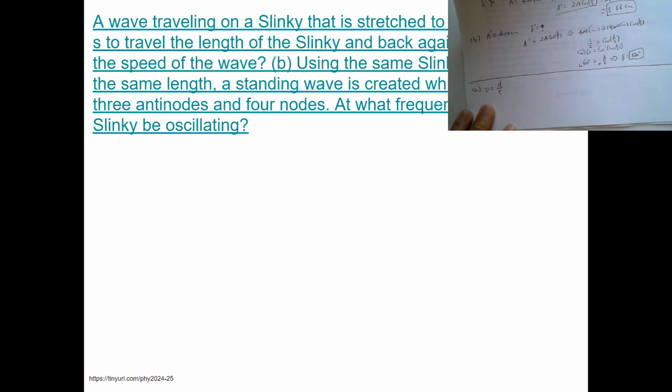The wave travels linearly back and forth in 2.4 seconds. Keep in mind the slinky has a length of 4 meters, but it travels back and forth, so twice that, divided by the time of 2.4 seconds. That gives us 3.33 meters per second as the speed of the wave.